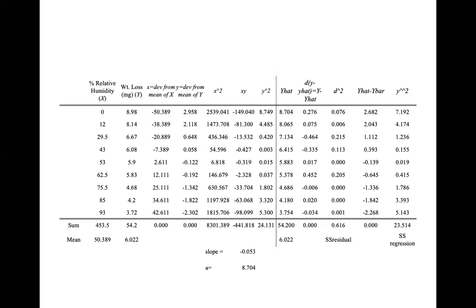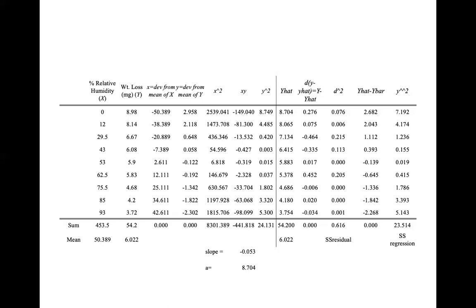But now, for each of these, the difference between the model and the best fit line still has negative values below the line, positive values above, but these values are all much smaller than these blue values are, which means that the sums of squares regression is much smaller.